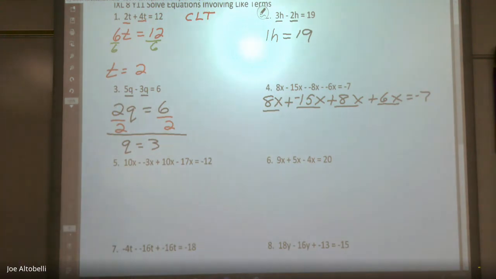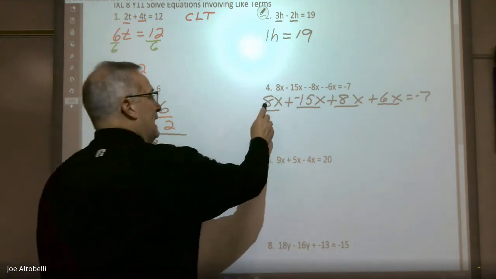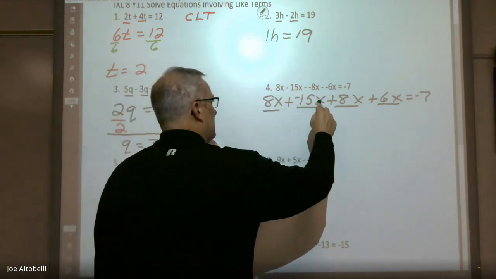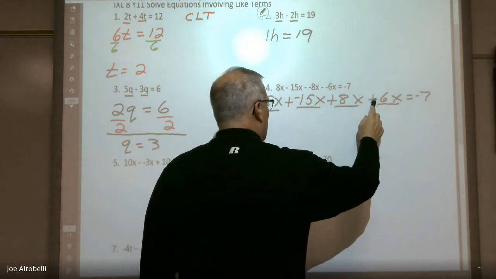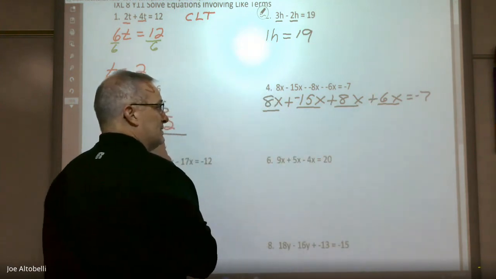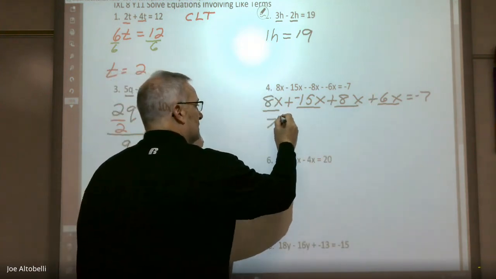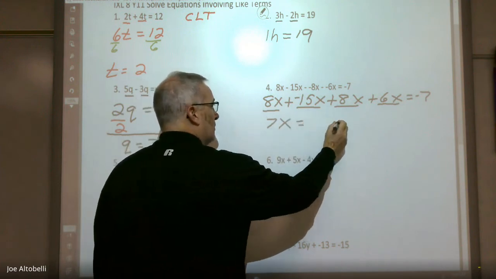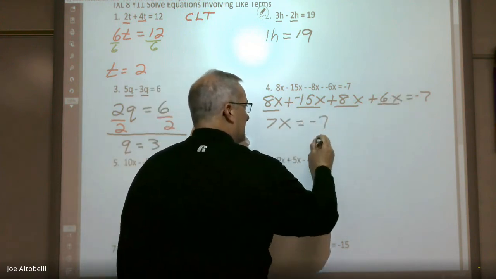One, they're like terms. Two, they're on the same side. Okay? So then I combine them. 8 plus a negative 15 plus 8 plus 6 is 7x equals a negative 7.